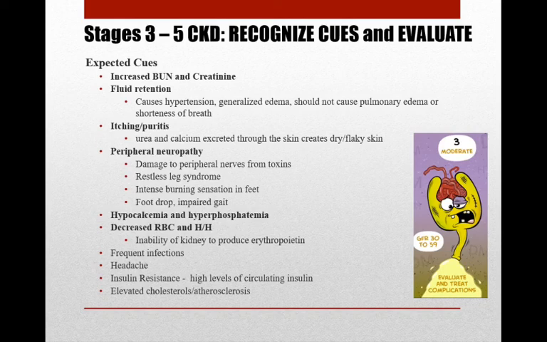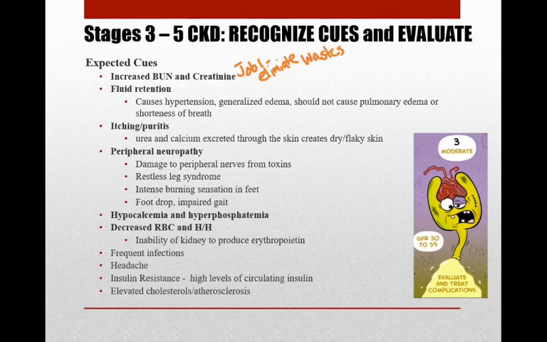Here's what we expect to see. They are not great things to have, but they're expected. And the reason they're expected is because we have jobs of the kidney that are breaking down. Increased BUN and creatinine is job 1, eliminate waste. I don't think I'm spelling right, but eliminate waste.